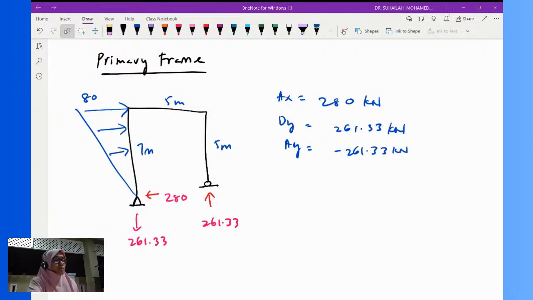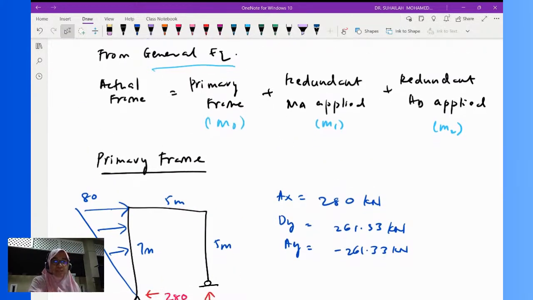Next, we go back to the general equation. We will have redundant MA applied.